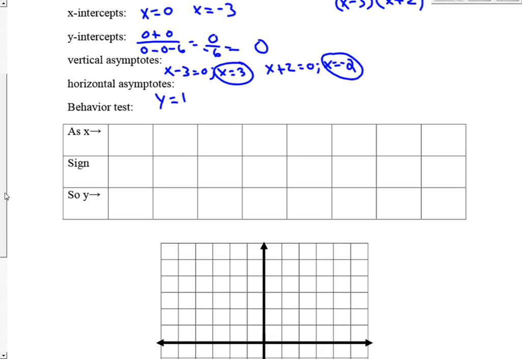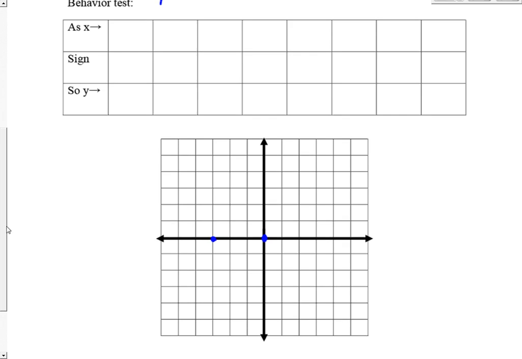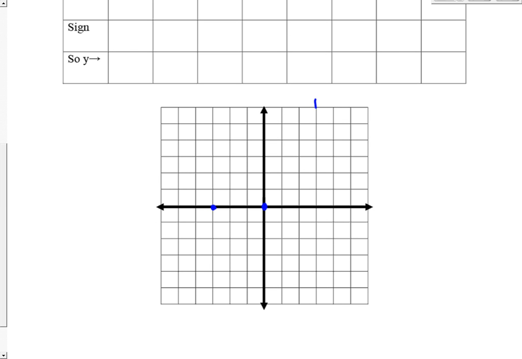So the x-intercepts are 0 and negative 3. Our y-intercept is already on there at 0. Our vertical asymptotes are 3 and negative 2. And our horizontal asymptote was y equals 1.